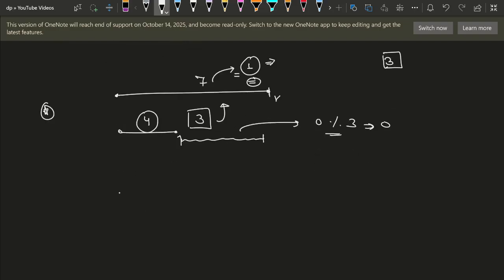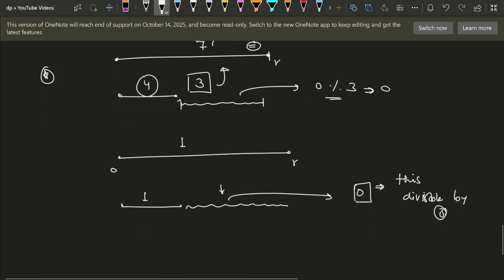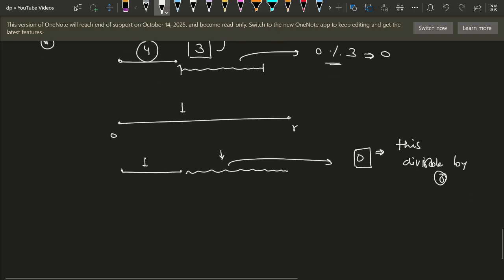So if we have a subarray which has remainder of 1 from 0 to the rth index, and we'll be maintaining these remainders in some sort of data structure, and we have a remainder 1 earlier in our array, then that should mean that the subarray sum of the remaining part is going to have remainder 0, and hence this subarray will be divisible by 3, right? So that is the heart of our algorithm.